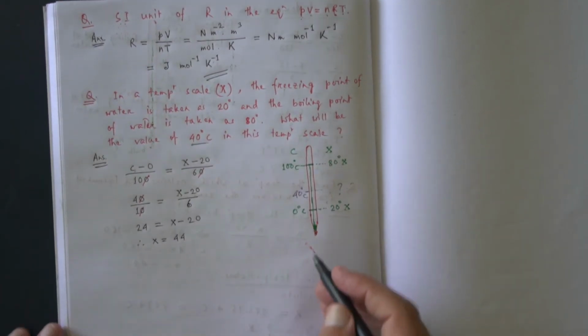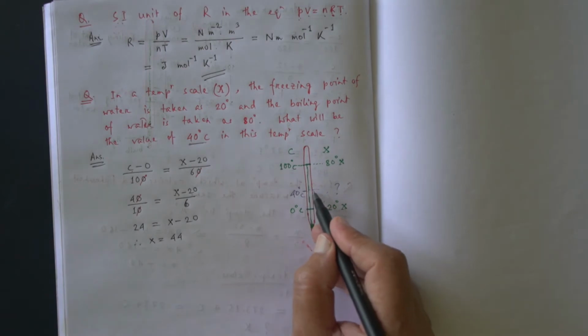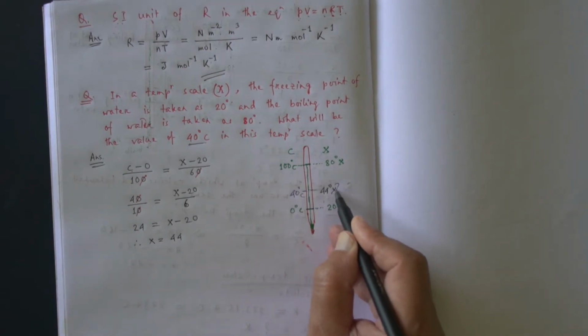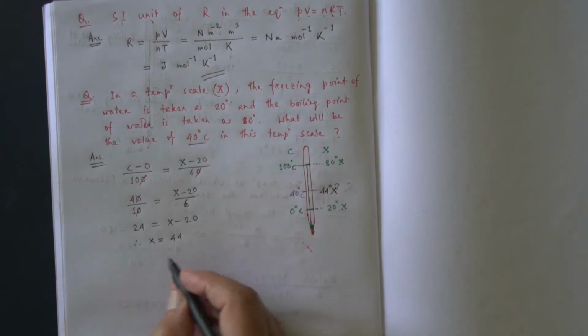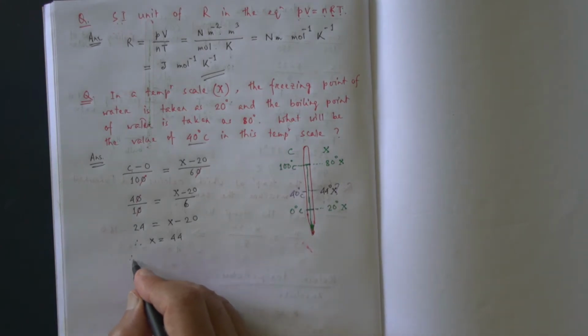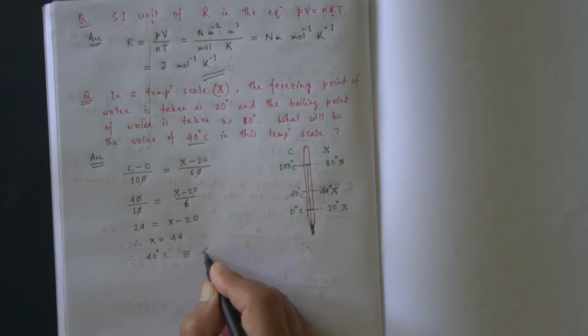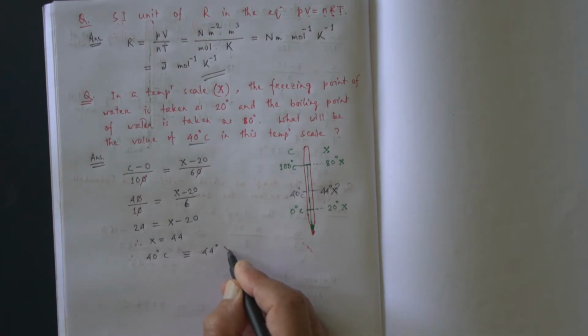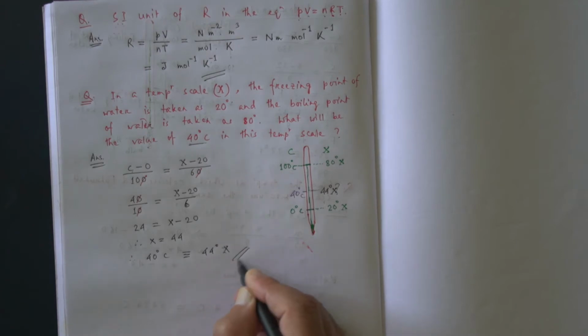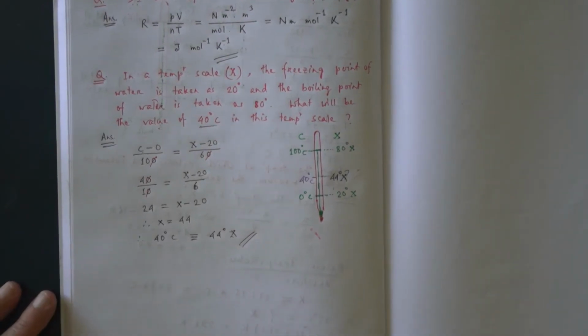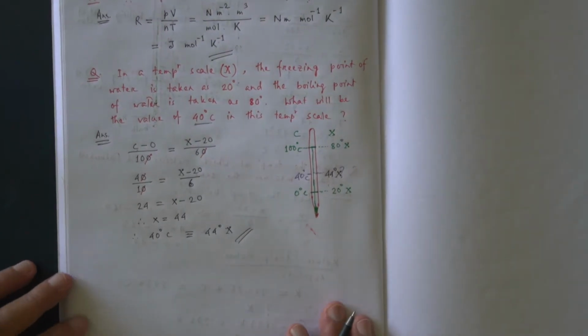That means 40 degrees Celsius will be equal to 44 degree x. Okay, so 40 degrees Celsius is equivalent to 44 degree x. So this is your answer. Okay, so you have to solve like this.